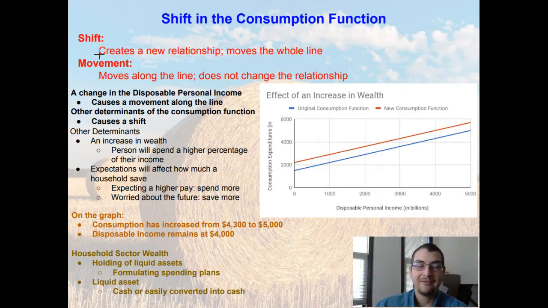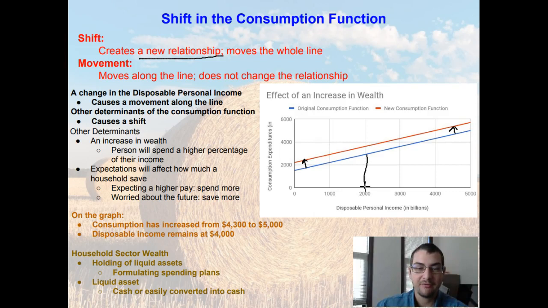Now, whenever you have a shift, it creates a brand new relationship, and it moves that whole line. We can see that here, as this is a shift upwards. You could also say it's a shift outwards, but it's moving upwards. At a level of $2,000 of disposable income, we had right at $3,000 worth of consumption.